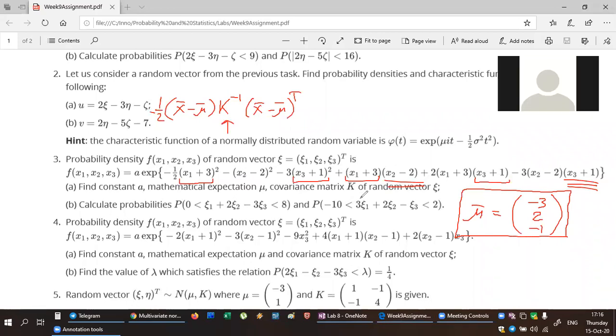I can try and you can check if it's correct. Tell me the numbers. Minus 1/2, 1/2 and 1 is the first row. Second row, 1/2, minus 1, minus 3 over 2, and 1, minus 3 over 2 and minus 3.